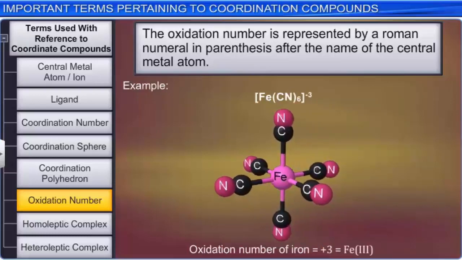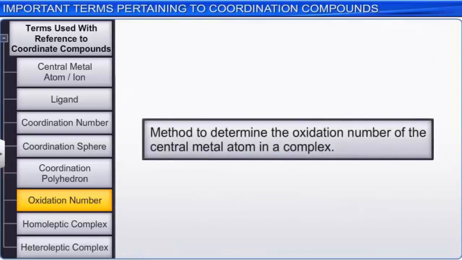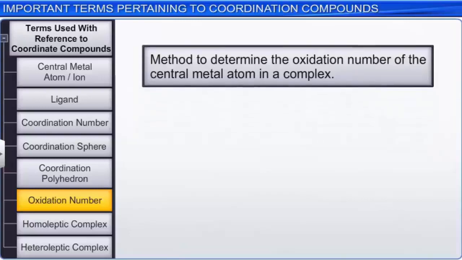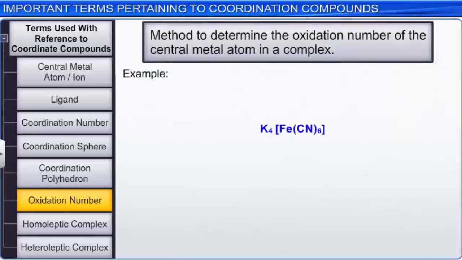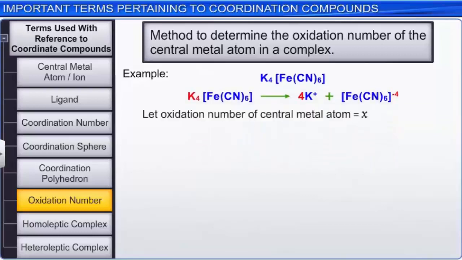Let us learn the method to determine the oxidation number of the central metal atom in a complex. Let's take K4[Fe(CN)6] as an example. As the complex has 4 monovalent cations outside the coordination sphere, the complex ion carries a charge of -4, that is, [Fe(CN)6]4-. Let's assume the oxidation number of the central metal atom as X. The cyanide ion is a monodentate negative ion.